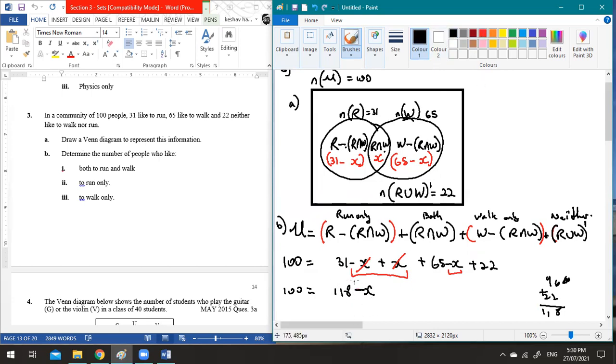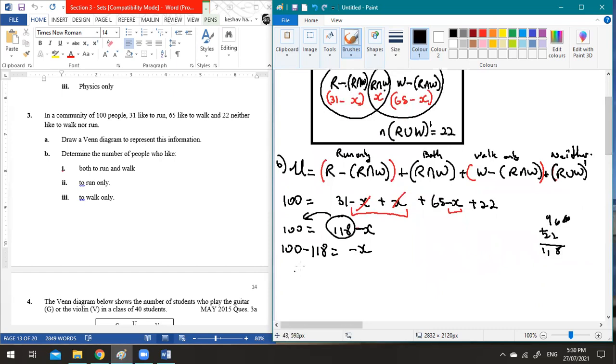And again, you want to solve for X, so we carry the 118 to the left hand side. So we get 100 minus 118 is equal to negative X. So 100 take away 118, you subtract by and keep the larger number, 118 minus 100, which is 18.